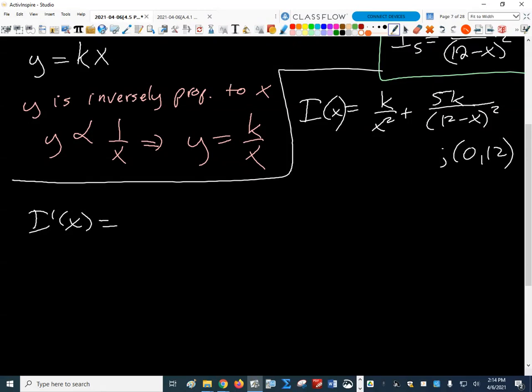I could, but then that still looks like a quotient. I'd rather just use the generalized power rule. That's the easiest one we have, right? How could I write that as a constant times the power? X to what power?